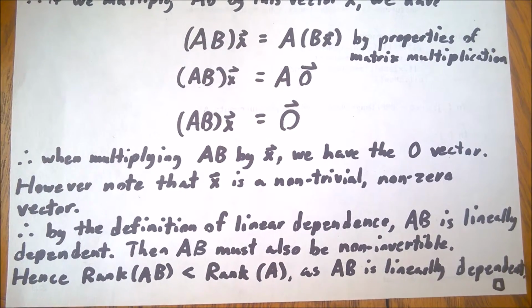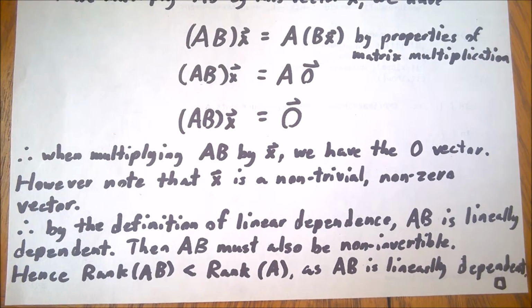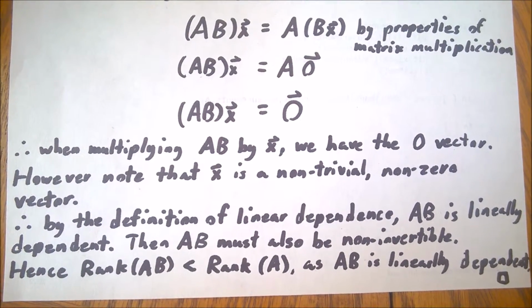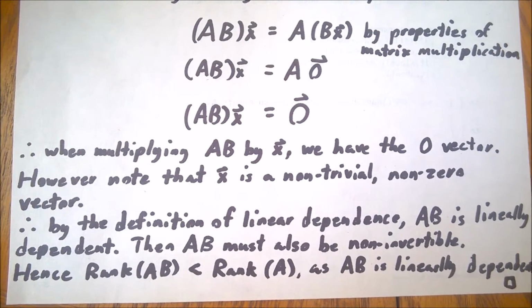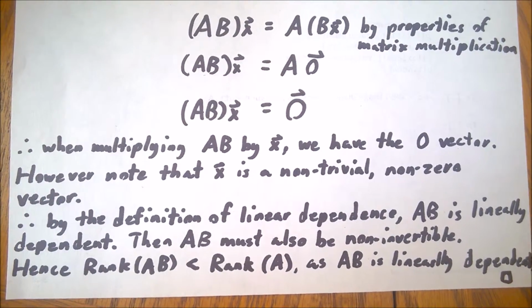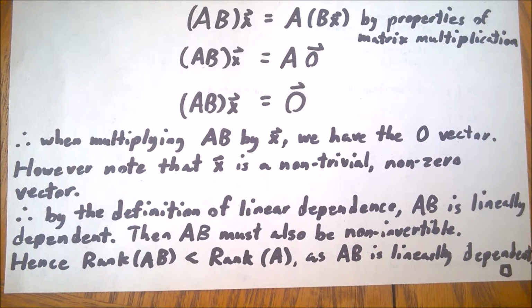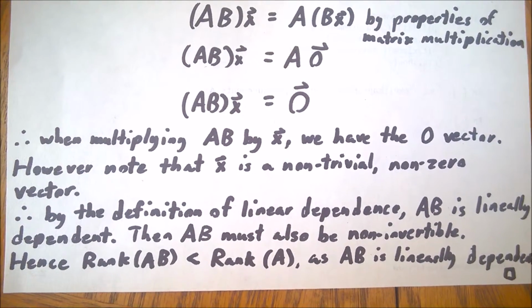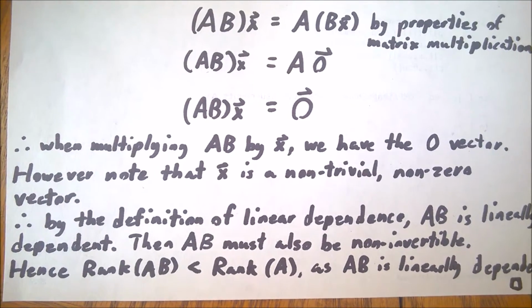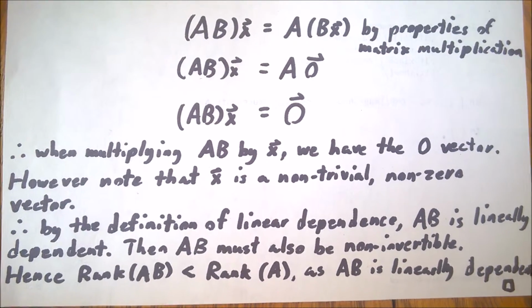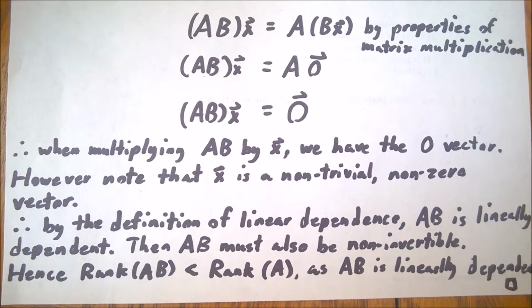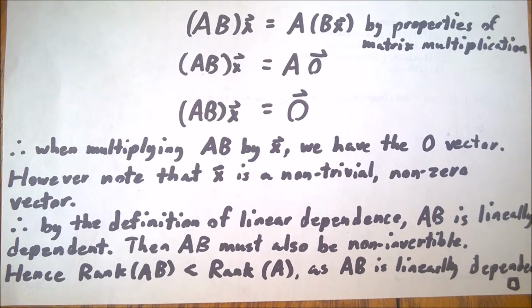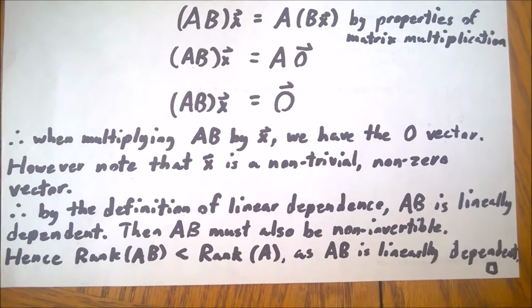Since A was invertible, that means that all of the columns within A were linearly independent. But because AB is non-invertible, this basically means that the rank of AB is less than the rank of A, meaning that there are more linearly dependent columns in AB than there are in the matrix A. Therefore, we prove the claim above that rank of AB is less than the rank of the matrix A. All right, and now we're going to move on to question 5.